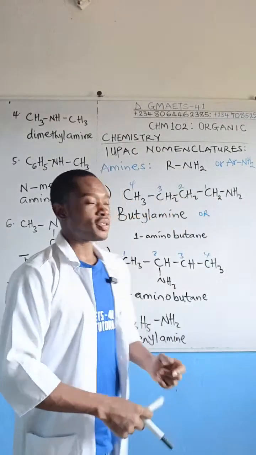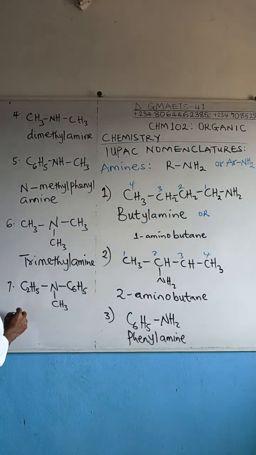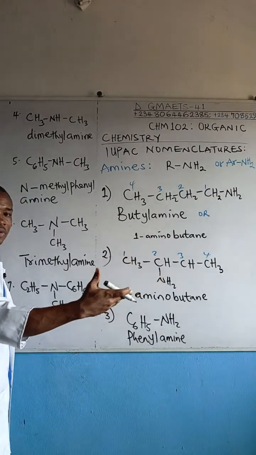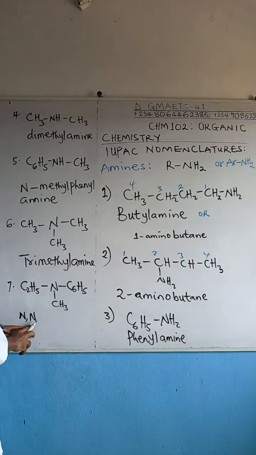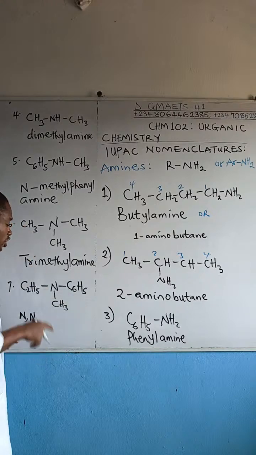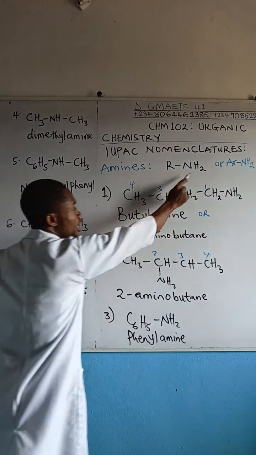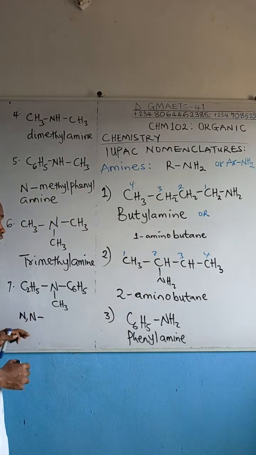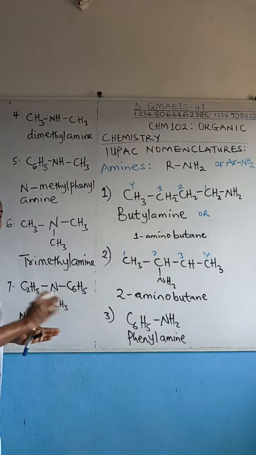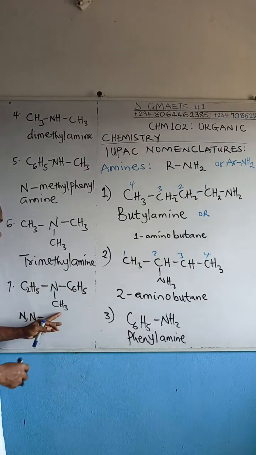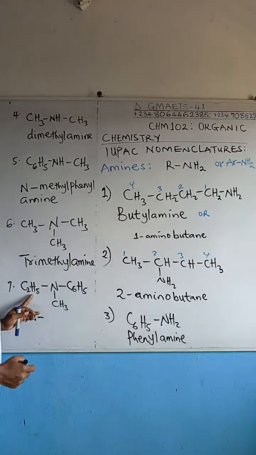But in naming this, since it is tertiary, you would go as N,N, which shows that 2 groups replaced the 2 hydrogens that originally came with your primary amine. So N,N, you cannot use here, since none of them is the same. These are 3 different groups: methyl, phenyl, ethyl.